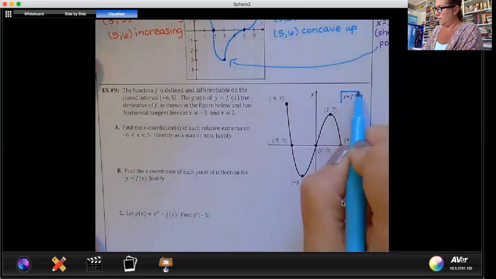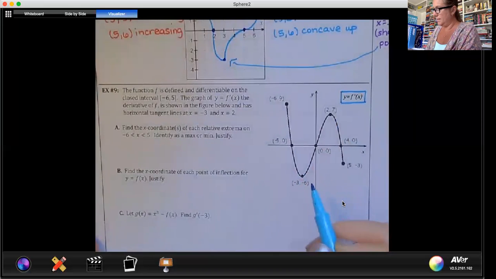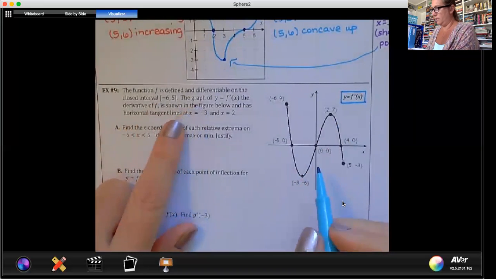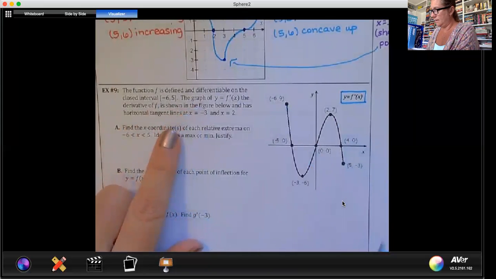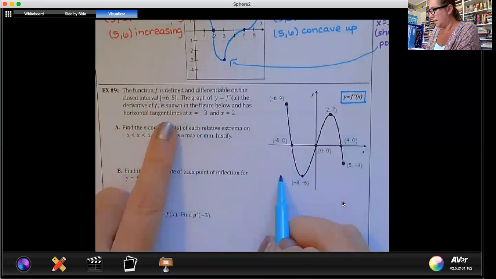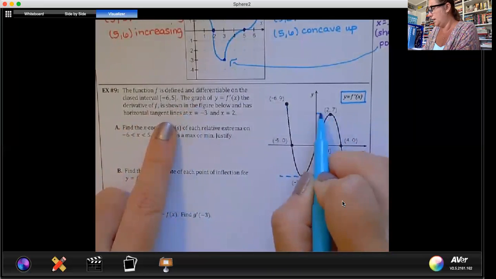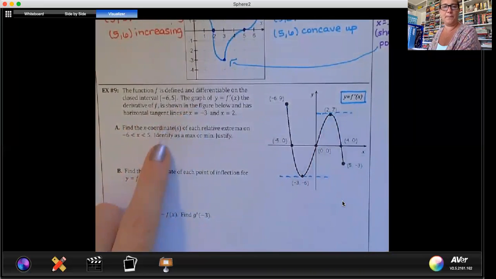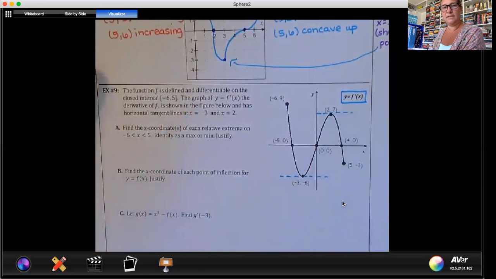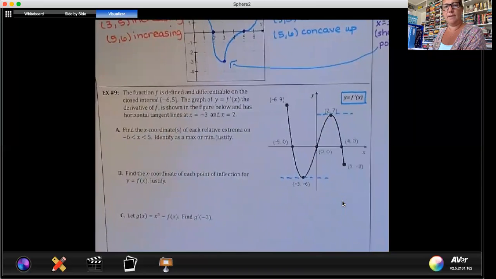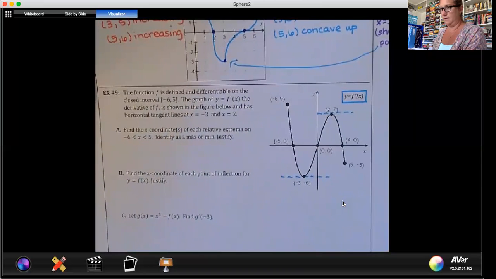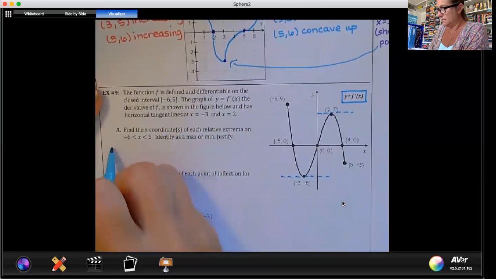Example number 9, you have the graph of f prime. It is defined and differentiable on the closed interval from negative 6 to 5. And in the figure below, it has horizontal tangent lines at negative 3 and positive 2. Find the x-coordinate of each relative extrema from negative 6 to 5 and identify it as a maximum or a minimum and justify. All right, we're looking for sign changes.